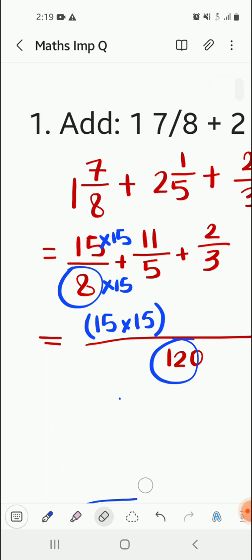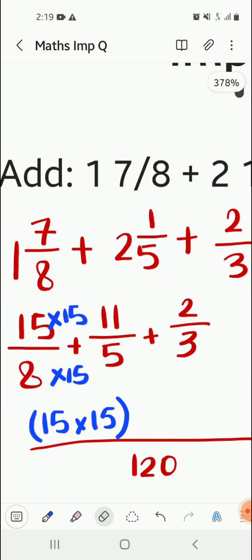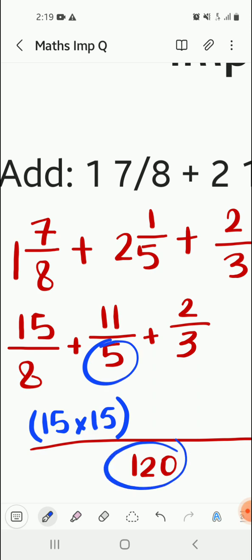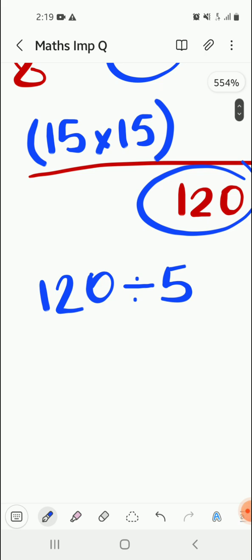Similarly, this was all the rough sum. Similarly, we are going to do the next part also in the same manner. Over here, you've got 5 and over here it's 120. So again the same step, 120 divided by 5.